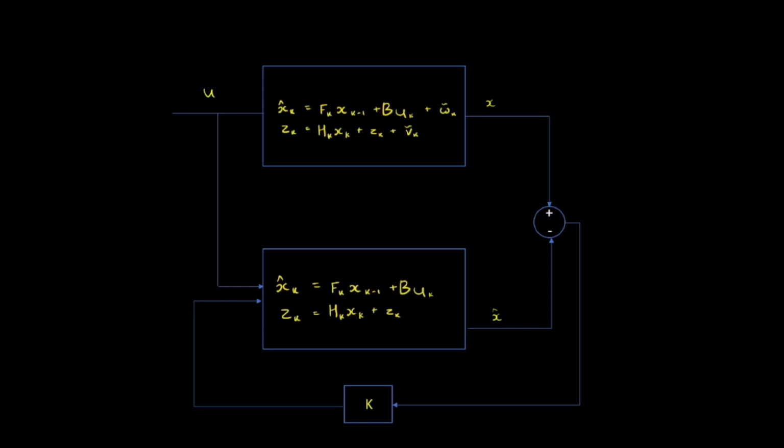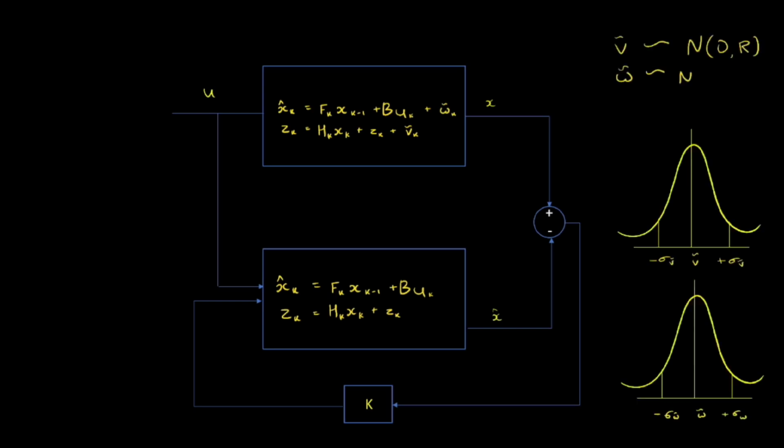So here are the equations of the predicted states as well as our observation. Here we consider WK and VK as noise, which are basically a process noise and a measurement noise, Gaussian estimates with covariances Q and R. Q and R are for the process model and the measurement model, and they are tweaked according to what the noise of the sensor is.